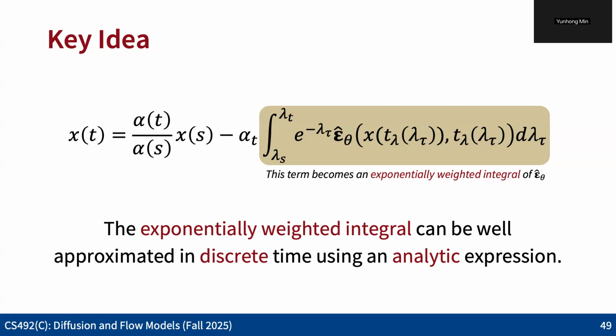The meaning of this is that we are deriving an analytic formulation, solving the ODE such that we only have this part left. This is the only part that we still need to solve in a numerical way, because it involves the noise prediction. It's the neural net prediction, right?